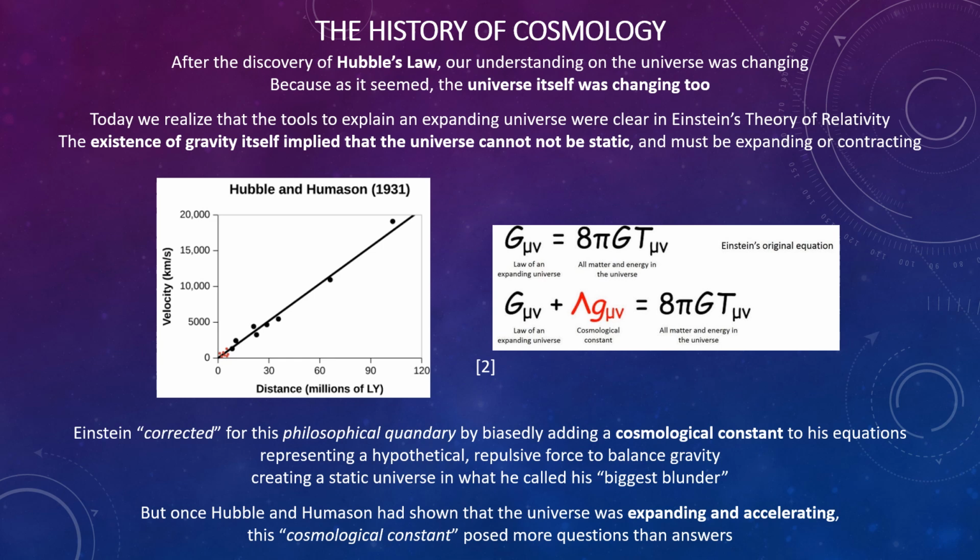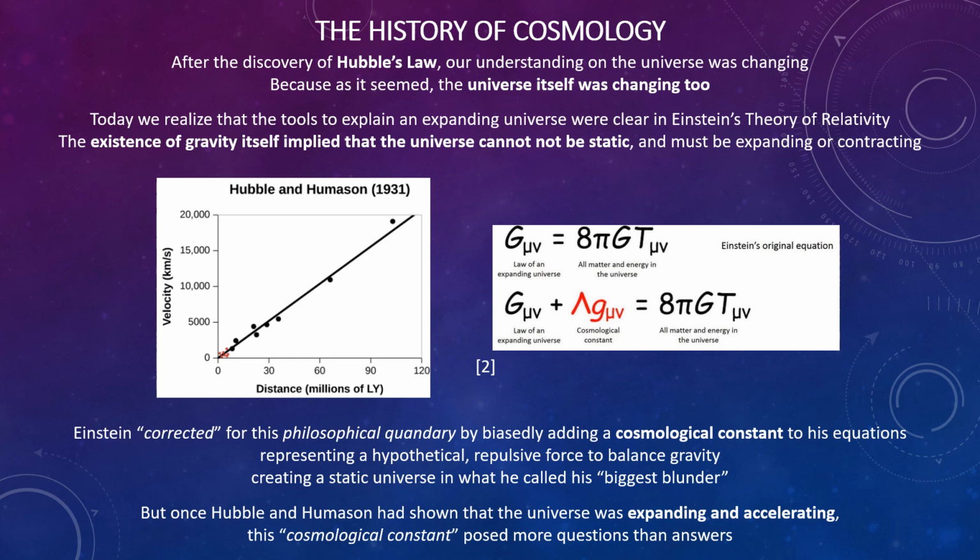So, with our tools brought to you by Einstein's theory of general relativity, our mathematical tools help explain that the universe can never be static when gravity is there, and it must either be expanding or contracting.